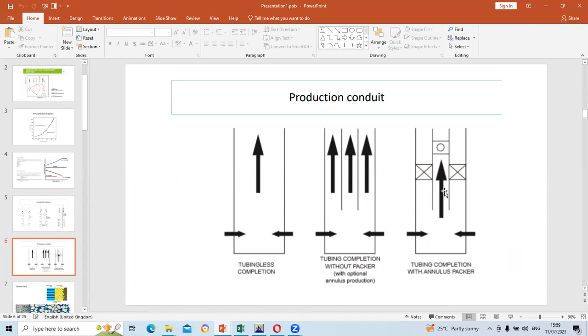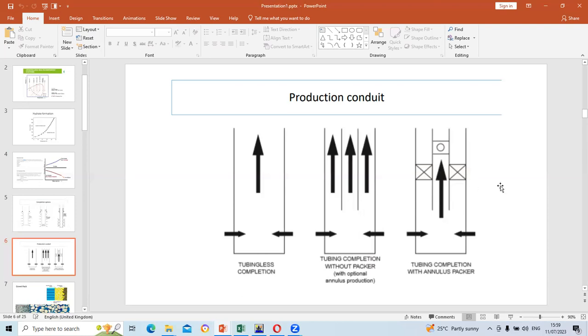In this other case, we have packers here that seal the space between the tubing and the casing. So the packers come in to block the annulus. We also have a device here that can block the tubing. So there are two ways in which production can take place here. Either they block the tubing and open the packers and the fluid flows within the annulus, or they block the packers and the fluid flows through the tubing.